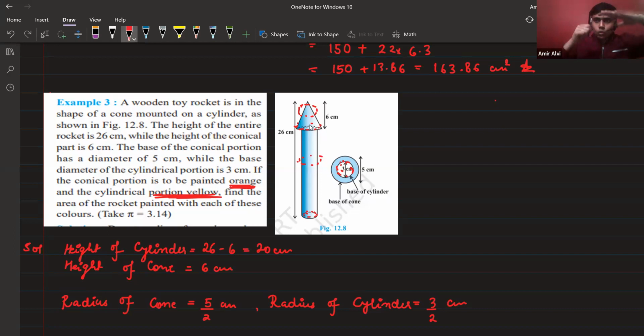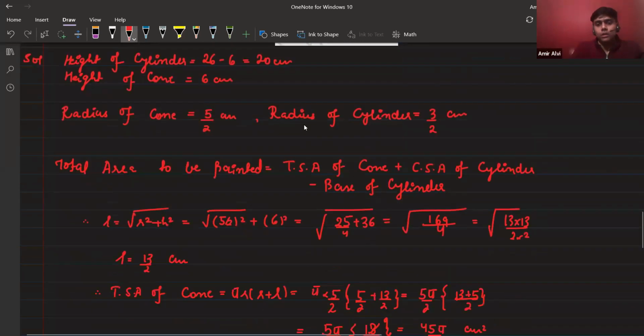Suppose this is a cylinder, and one cone is placed on it. So this part is not visible now, so we cannot paint that part. The part which is covered under this cone is not visible, so we cannot paint it. At least yes or no? Yes, sir. Okay.